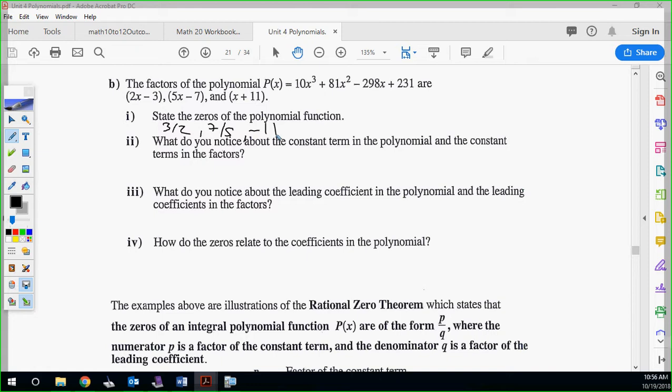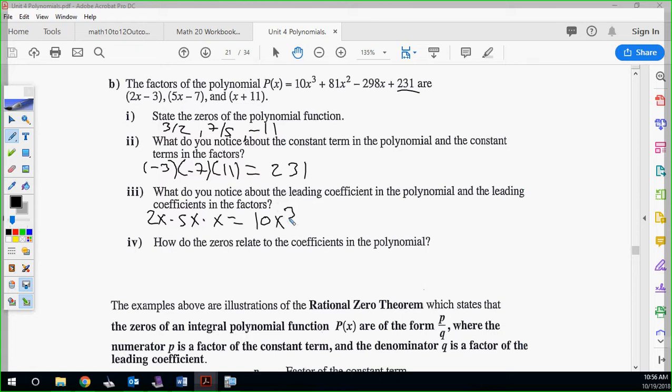What do you notice about the constant term in the polynomial and the constant terms in the factors? What do you notice about the -3, -7, and the 11? Well, when you multiply those, you get the 231. What do you notice about the leading coefficients? You've got 2x times 5x times x, you get 10x cubed.